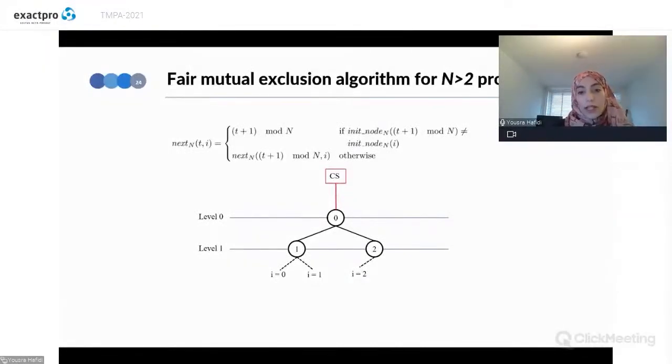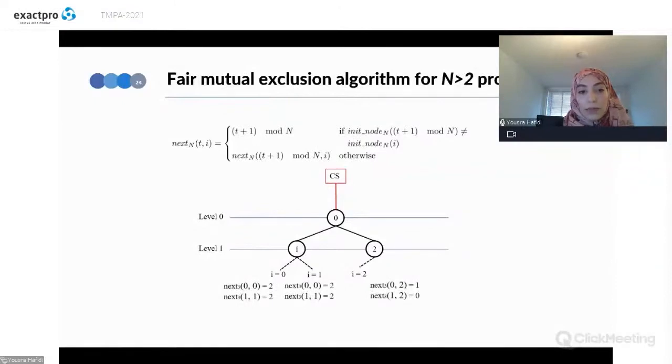This next variable helps us to introduce the information about the other processes that are not attached to a same node. So process 2 should know that process 0 and 1 also request access to their critical section, and at some point its progress should be bounded in order to give turn to the others to get their turn.